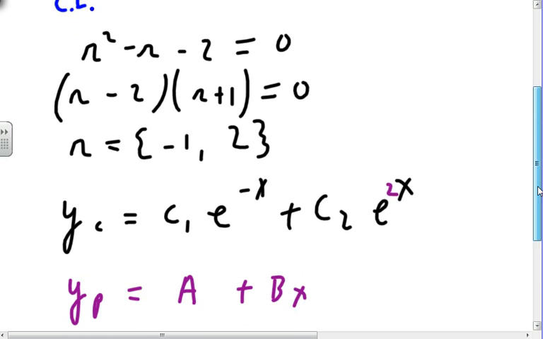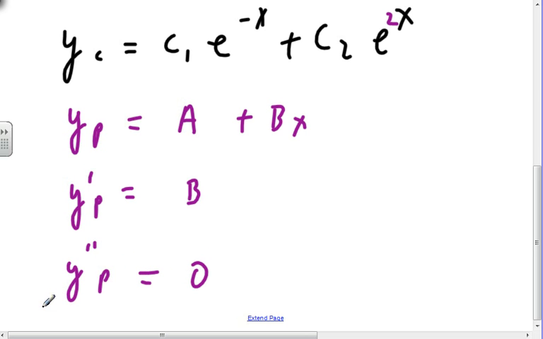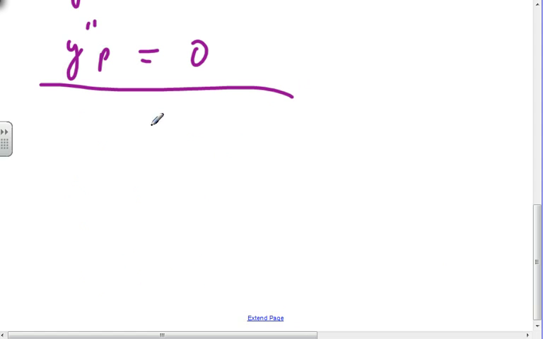Yeah, okay. And I'm going to take the first derivative of the particular solution and get b, and I'm going to take the second derivative and get 0. And then when I solve this differential equation, I want 2x plus 4. That's what I'm looking for.